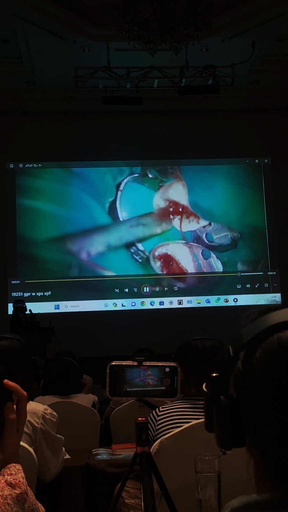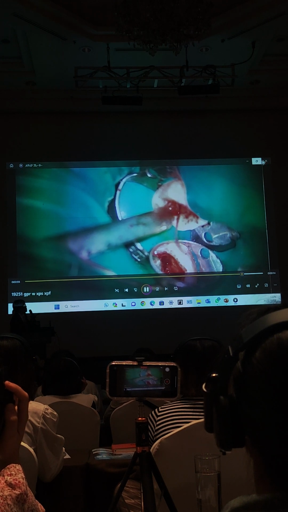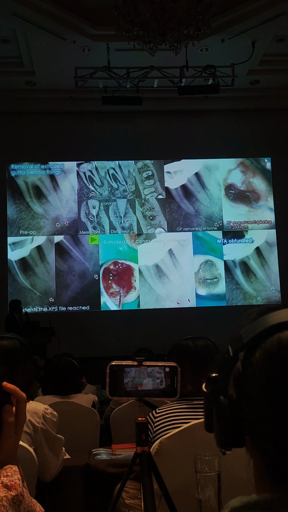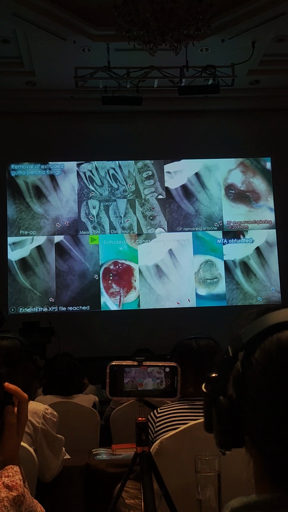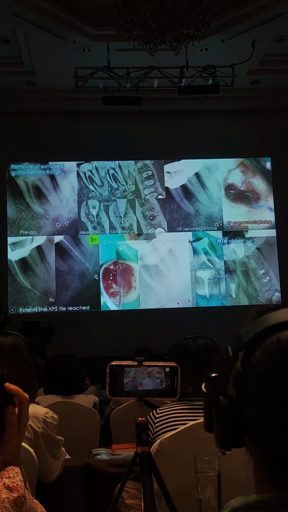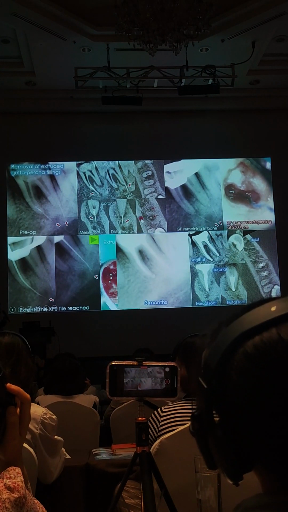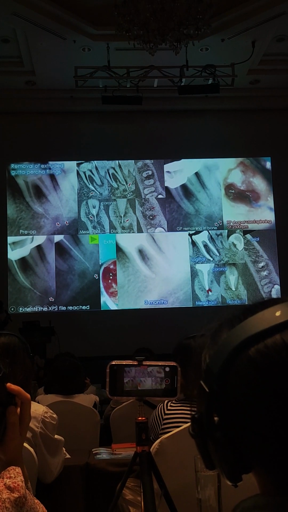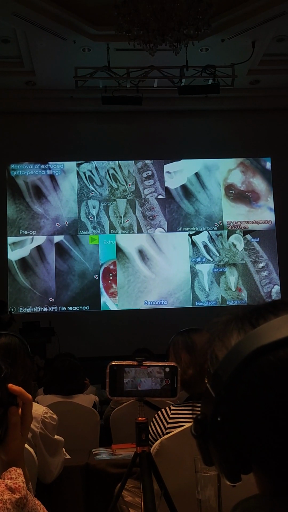So it came out. So both gutta-percha cones came out. And this is a post-op, and this is a 3 months post-op, already showing nice periapical healing compared to this.